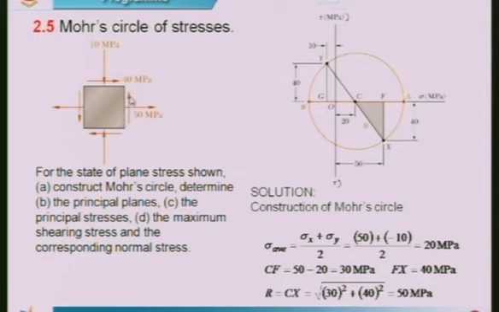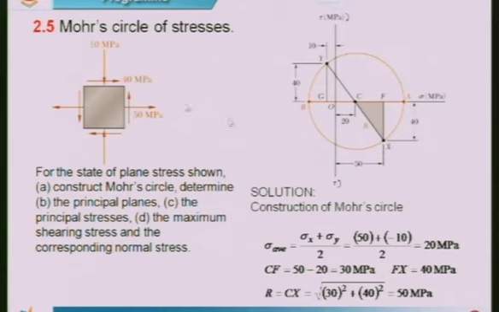Then this shearing stress acting on this plane would make the body rotate in the anti-clockwise direction, and as we discussed in the sign convention for shearing stress, if it makes the body rotate in the anti-clockwise direction, we should take it as negative, and the value is equal to 40. So this 50 whatever we have measured, that is OF, from F go down by a distance of 40, which is equal to this. So we get the point X. This is the point which we get.